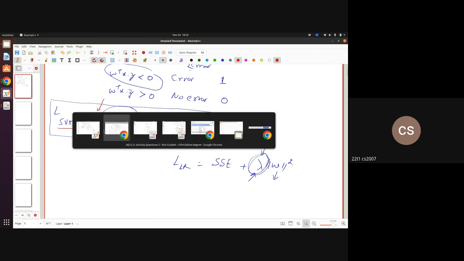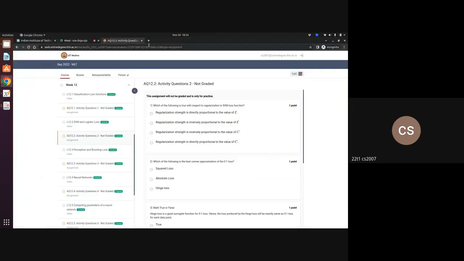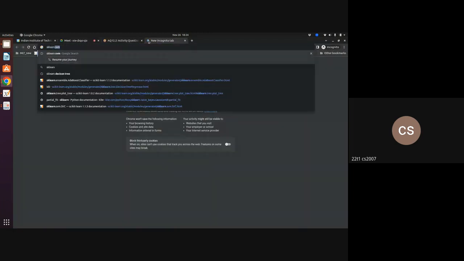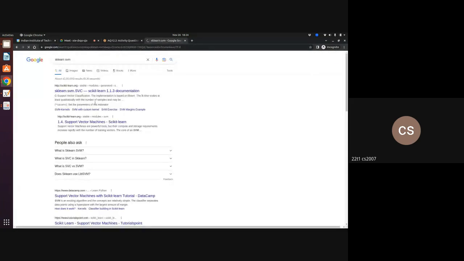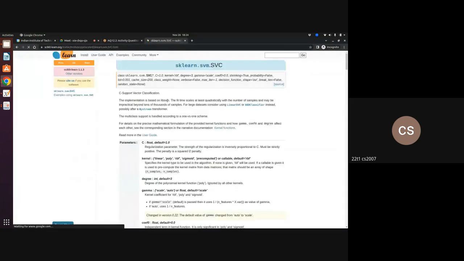This is something that you might want to note. In fact, if you see the sklearn implementation of SVM, there you can see there's a parameter C. Whatever parameter C we were talking about acts as a regularization parameter. In linear regression or ridge, we have lambda, actually alpha there, which represents the regularization strength.